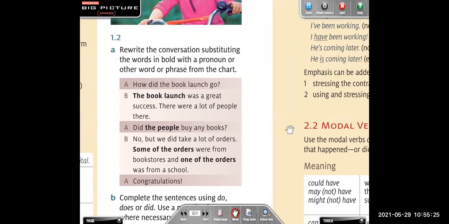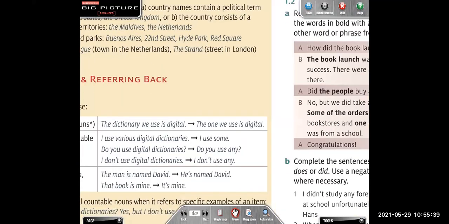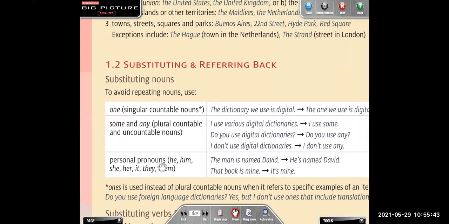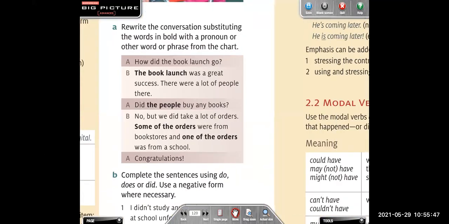On page 120, it says, rewrite the conversation substituting the words involved with a pronoun or other word or phrase from the chart. So you need to use all these words from the chart that we have here to replace these words in bold. Number 1.